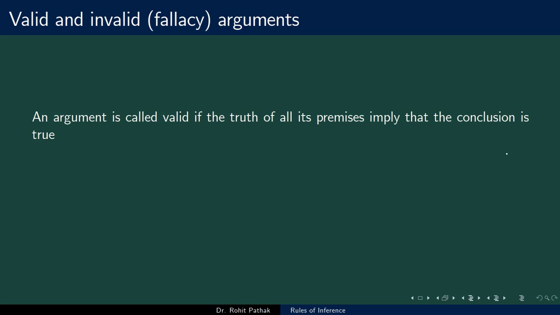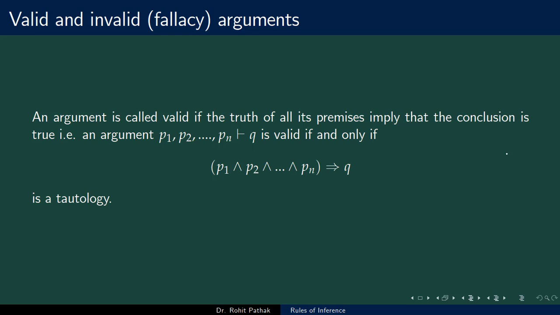And if the conclusion is not drawn from the truth values of the premises, then the argument is called invalid. In other words, an argument P1, P2, up to Pn with conclusion Q is valid if and only if P1 and P2 and P3 up to Pn implies Q is a tautology. That means for all truth values of P1, P2, up to Pn, the conclusion is true.